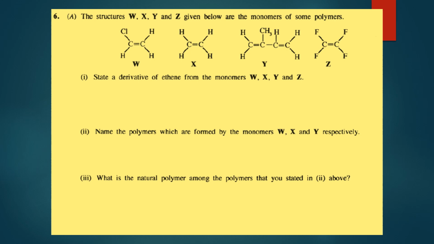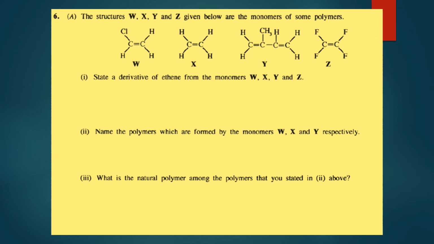Derivative means the derivative is formed by replacing hydrogen atoms in a monomer by another element. If one hydrogen atom is replaced by one chlorine atom, then C, Cl, H, H, H. So this is the chloroethene. It is one derivative.